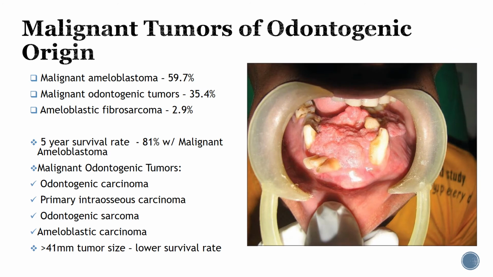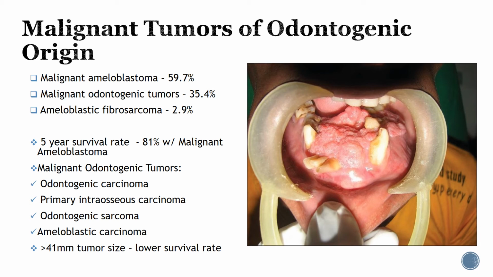Of the three main categories of lesion, malignant ameloblastoma was the most common at 59.7%, followed by malignant odontogenic tumors at 35.4% and ameloblastic fibrosarcoma at 2.9%. The 5-year survival for the entire cohort of patients was 81%, with patients diagnosed with malignant ameloblastoma having the best mean survival.